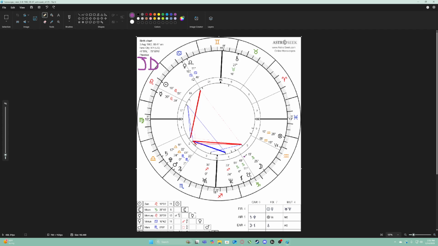And with this sort of aspect, you tend to have to do a little bit of work. In progressive astrology, which we'll talk about eventually here on this channel, there are aspects that sort of indicate relationships forming and things like that.